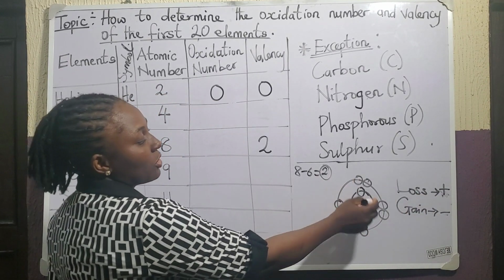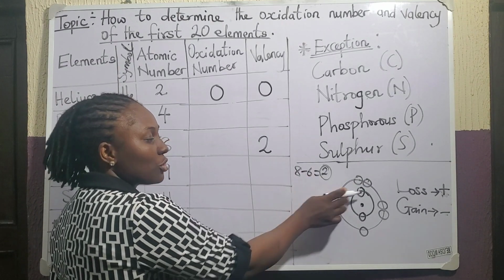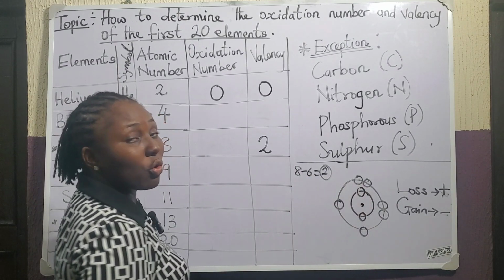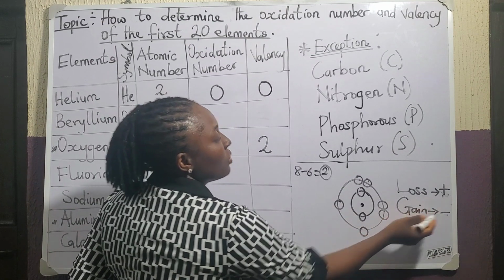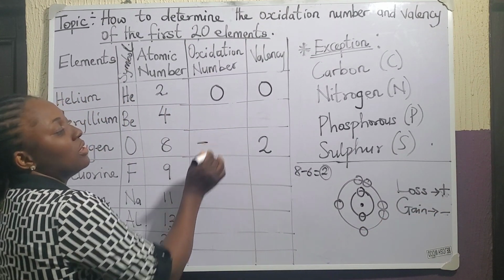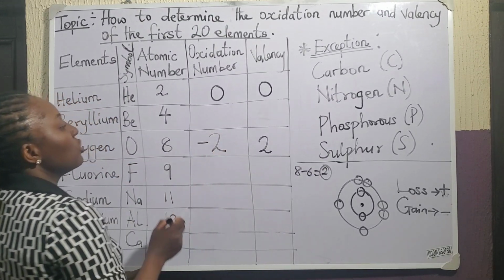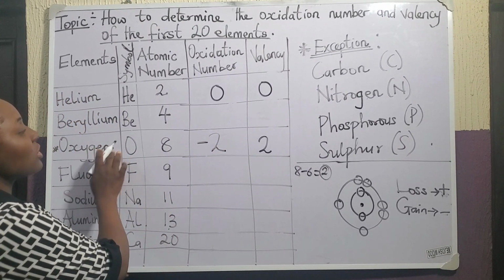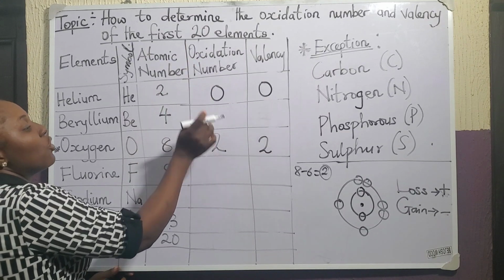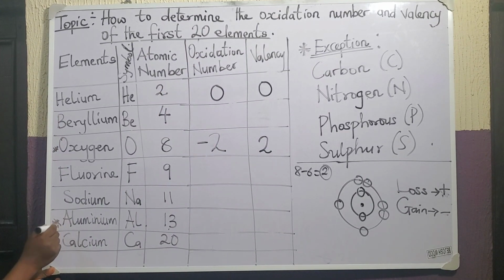In the case of oxygen, it is going to gain 2 electrons to obtain octet structure. For that gain, we give it a negative charge. How many is it gaining? 2. So the oxidation number of oxygen is -2.